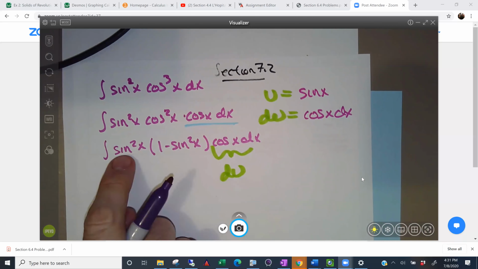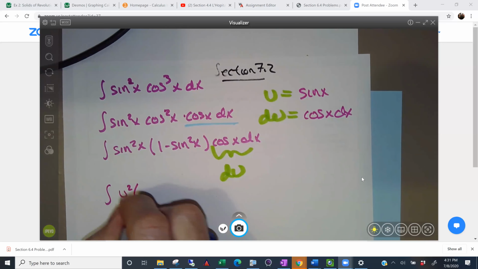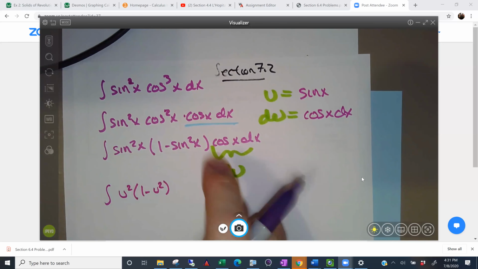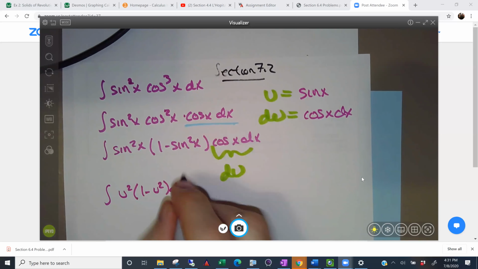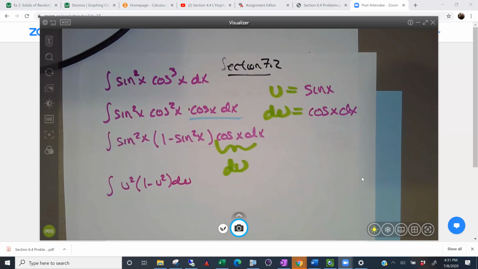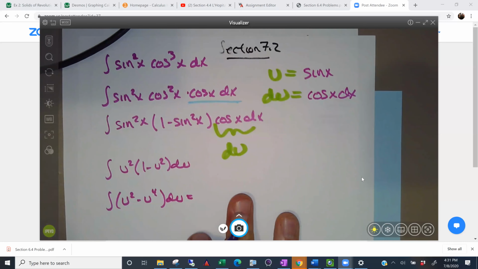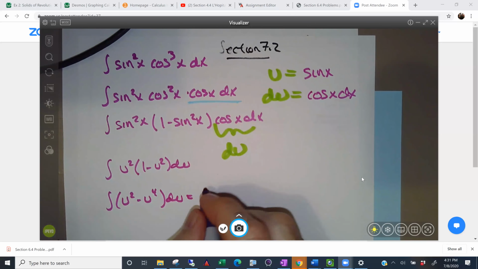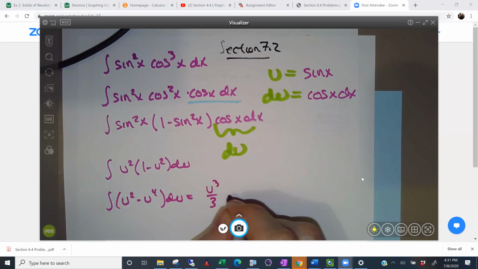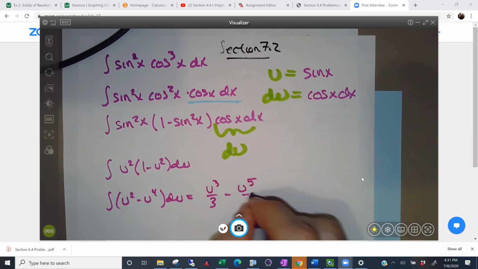This is going to become the integral of u squared times 1 minus u squared du. That's not so bad. To solve this one, I'm going to distribute: u squared minus u to the 4th du. And I hope that's not too much of a problem to integrate. That's going to be u cubed over 3 minus u to the 5th over 5 plus my constant.